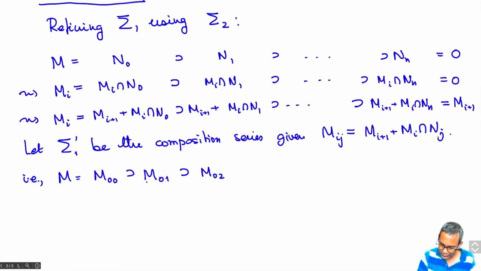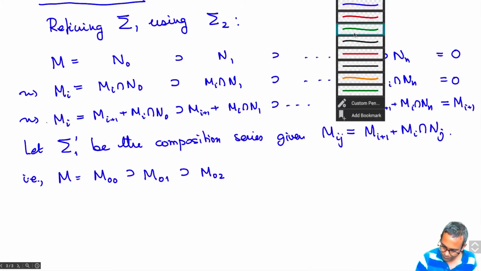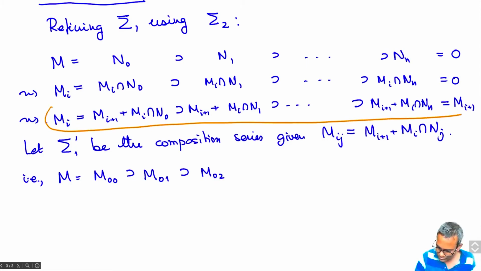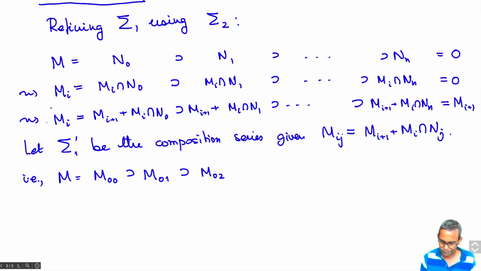So here now j is changing as we head along each row over here, and this goes all the way up to M0n, and this is equal to M1.